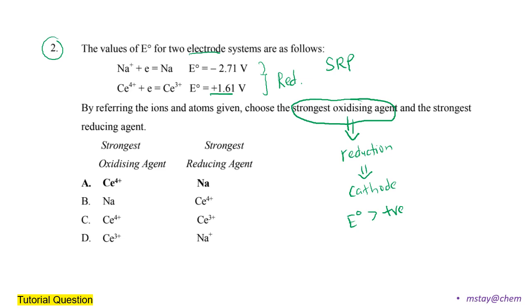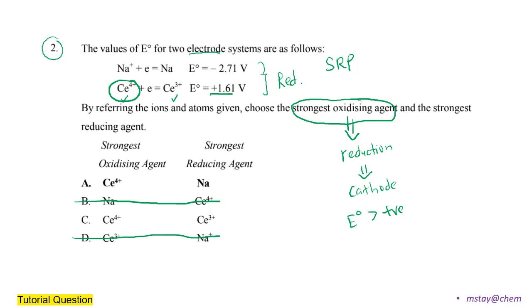Then we look at which undergoes reduction. We have two choices here, Ce4+ and Ce3+. The species which undergoes reduction is Ce4+, so that after undergoing reduction, it becomes Ce3+.